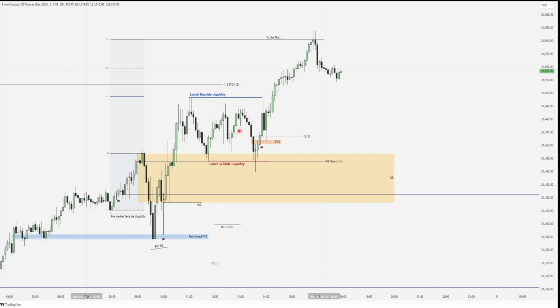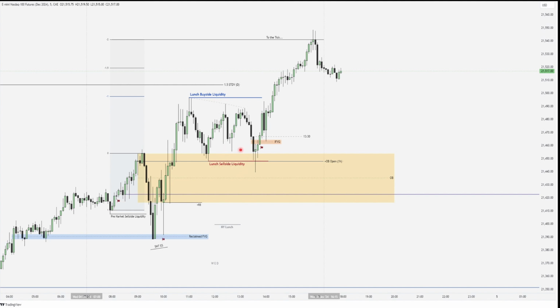Now, while we are bullish and still anticipating follow up higher, I would look for a sell side liquidity raid to set up a potential market maker buy model to target then the buy side, and then very specific time based liquidity. So a typical textbook scenario is when you are looking for higher prices and we have a clean lunch buy side liquidity pool and a clean lunch sell side liquidity pool.